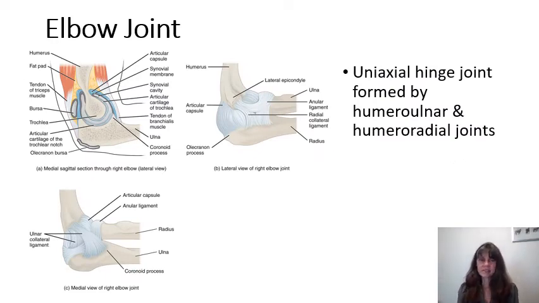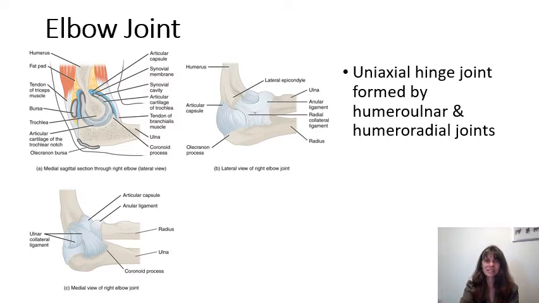The elbow joint consists of both a humero-ulnar joint and a humero-radial joint. Remember that the ulna articulates with the trochlea of the humerus, and the radius articulates with the capitulum of the humerus. Those would be important things to know.